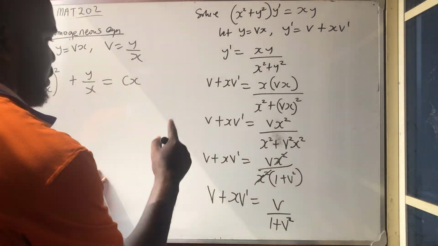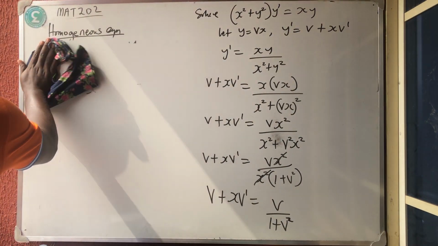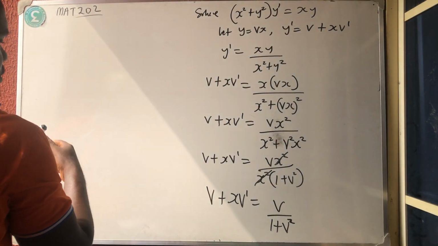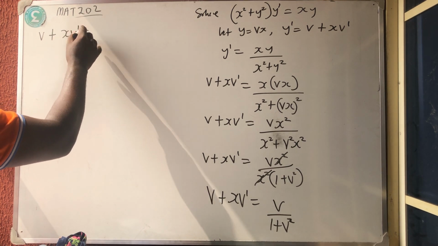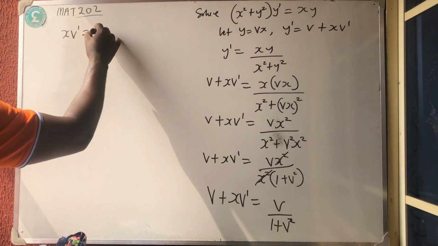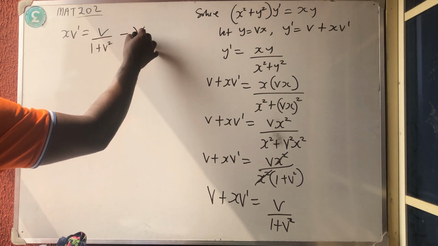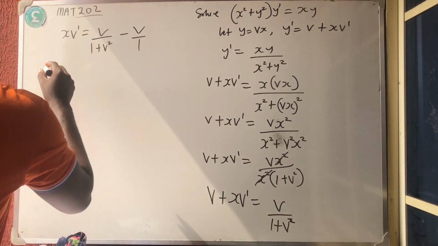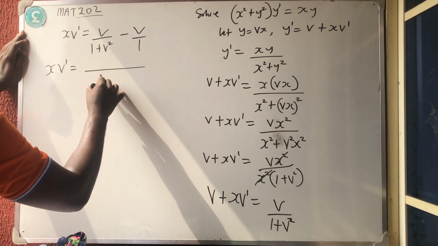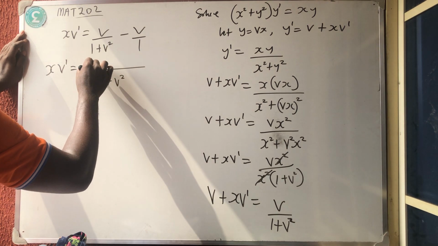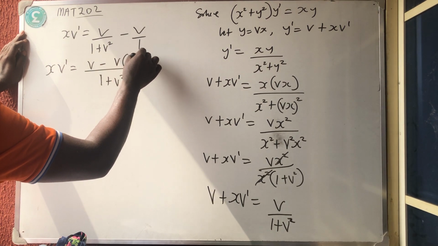So let me collect like terms. x v prime is equal to v all over 1 plus v squared minus v over 1. So the LCM is 1 plus v squared. So I'm having v minus v times (1 plus v squared).